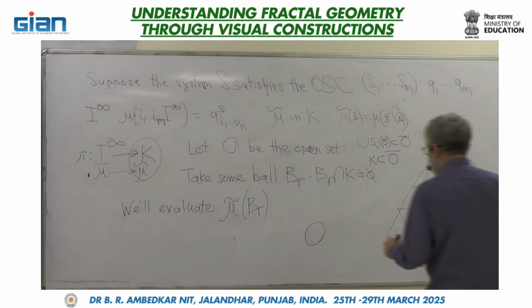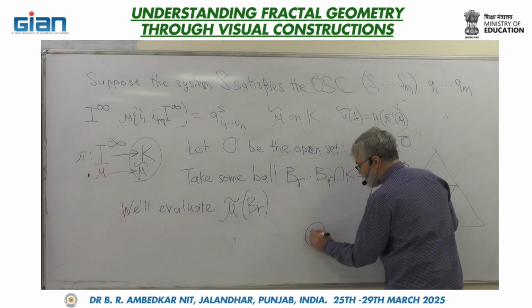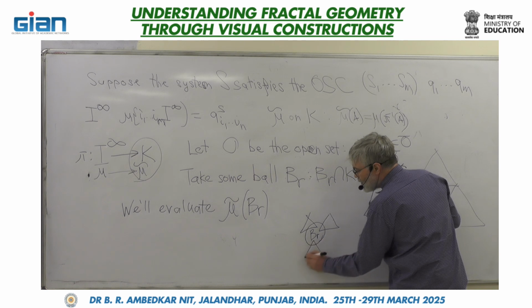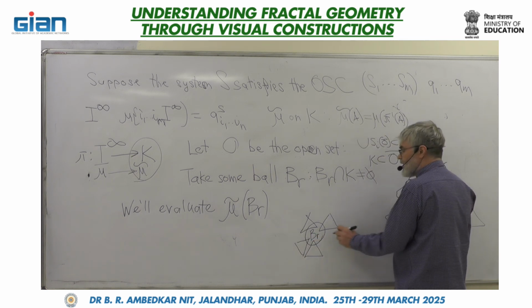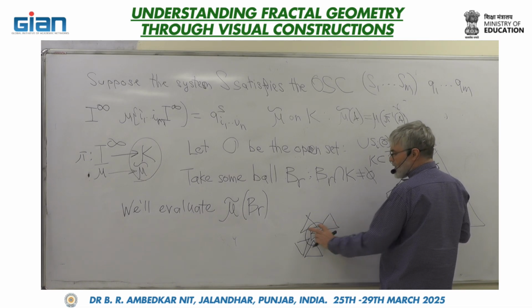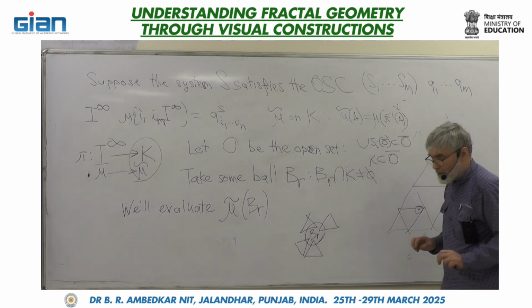So we take a ball BR, and consider all copies of K which intersect BR and at the same time have approximately the same size as BR.